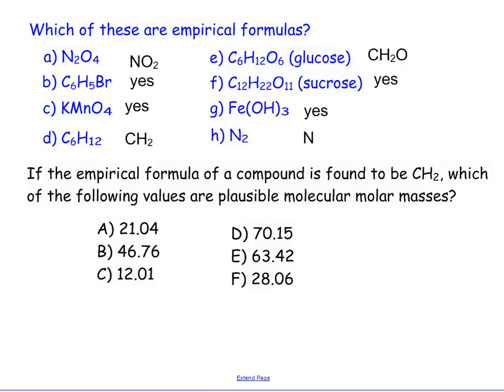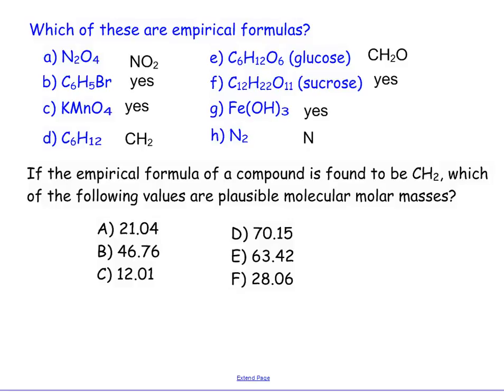Okay, so you can see that C6H5Br, KMnO4, which is ionic, and Fe(OH)3, which is also ionic, are all empirical formulas, as well as the formula for sucrose.